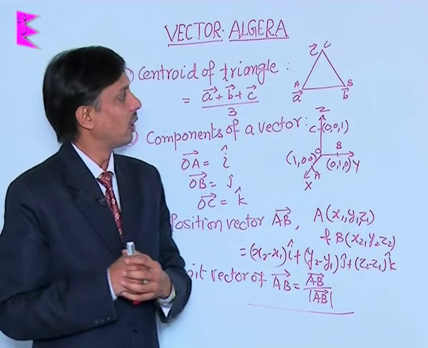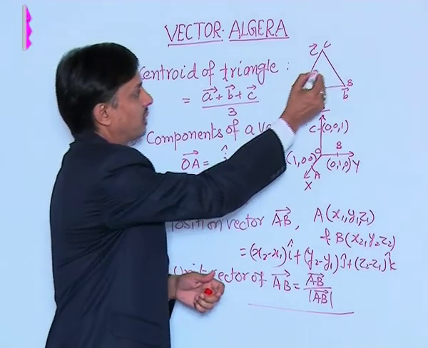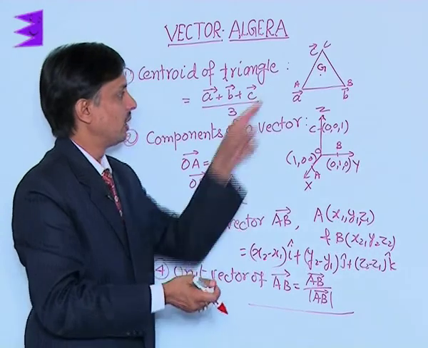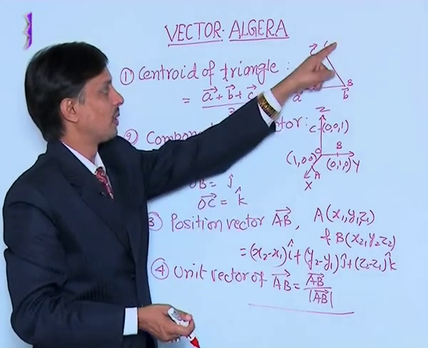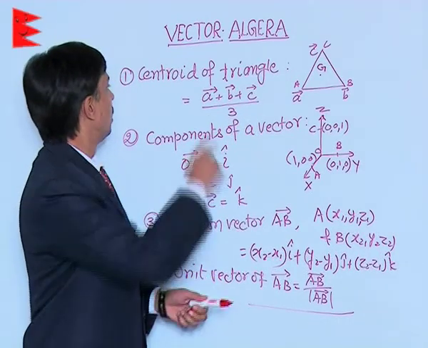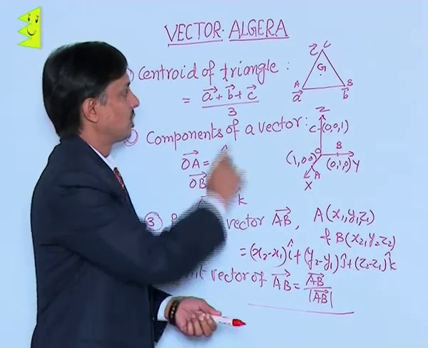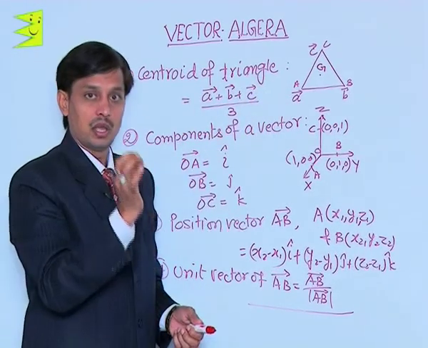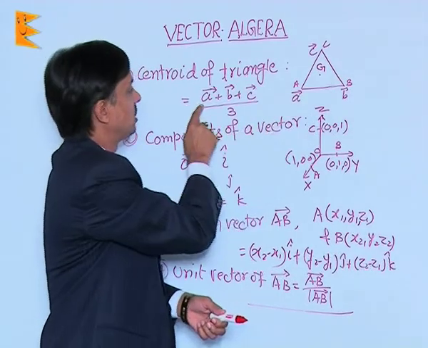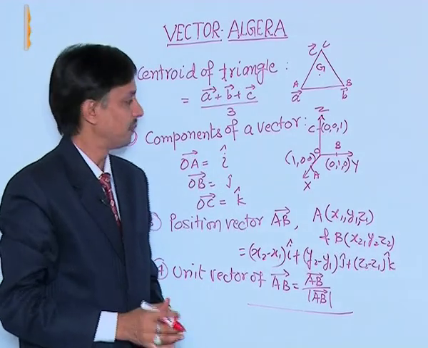If you want to calculate its centroid, then the centroid's position vector G will be given by vector A plus vector B plus vector C upon 3. So ultimately, the centroid of a triangle with vertices A, B, C is given by vector A plus vector B plus vector C upon 3.